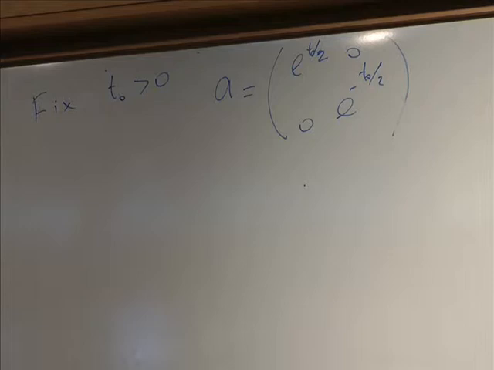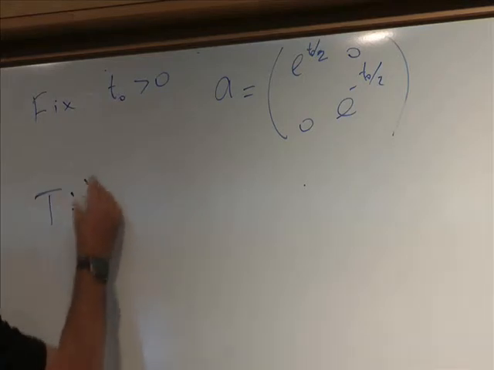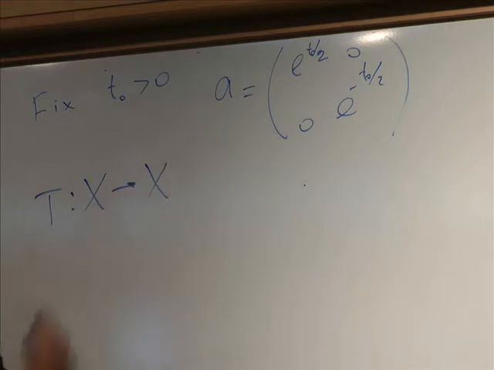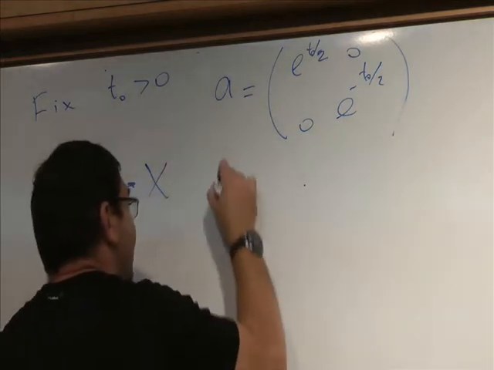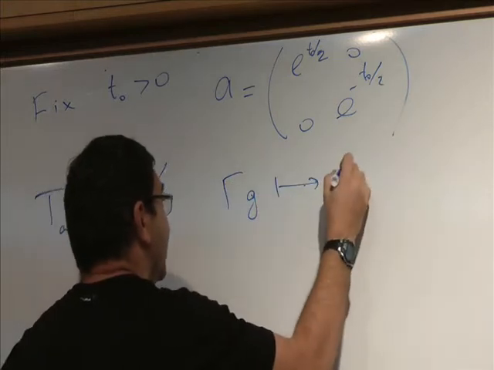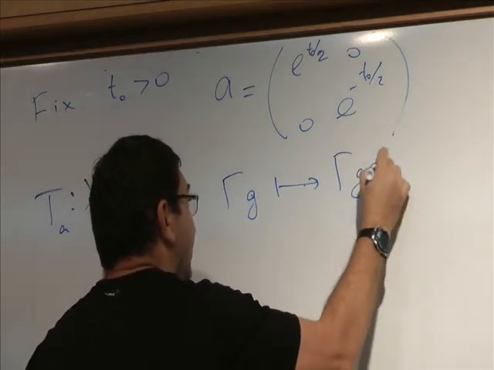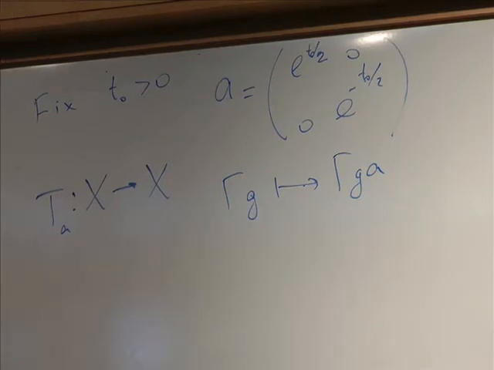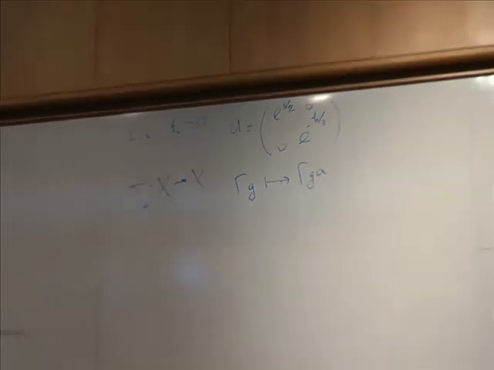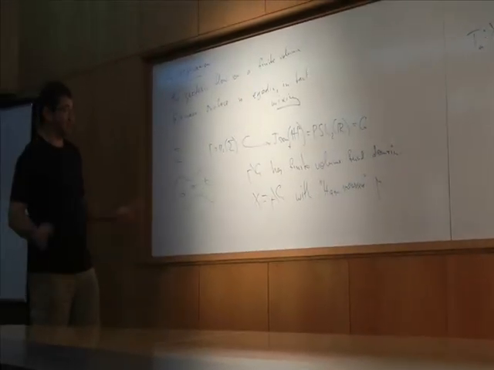Okay. Now, you look at the transformation of X to X, T_a maybe, which takes g gamma and maps it to g translated by a on the right. I'll try to keep this talk consistent with Manfred's talk, but I might sacrifice consistency within my talk.